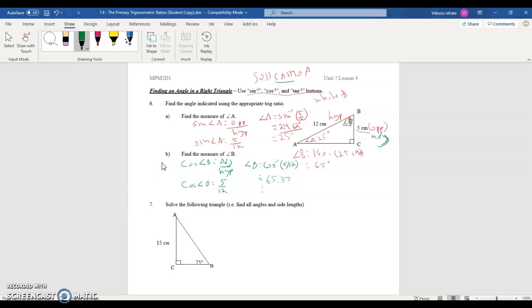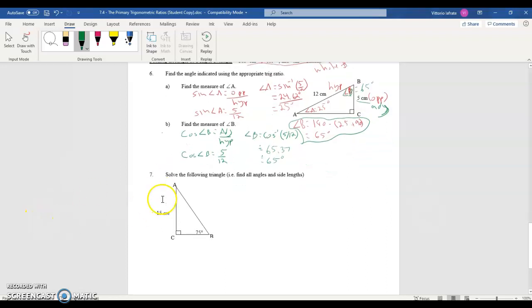But I'm going to round to the whole angle, so about 65 degrees would be angle B. So angle B is equal to 65 degrees, which matches what we did over here to verify our work. And we had to use a cos function. So notice again, you choose your angle, you see how the sides relate, and then you choose one of these ones, SOH, CAH, or TOA, to solve for what you're being asked for.